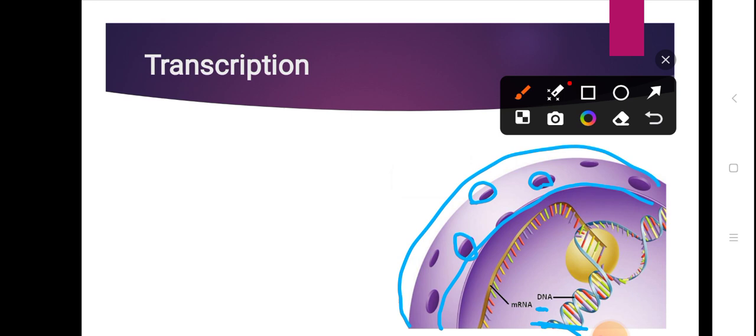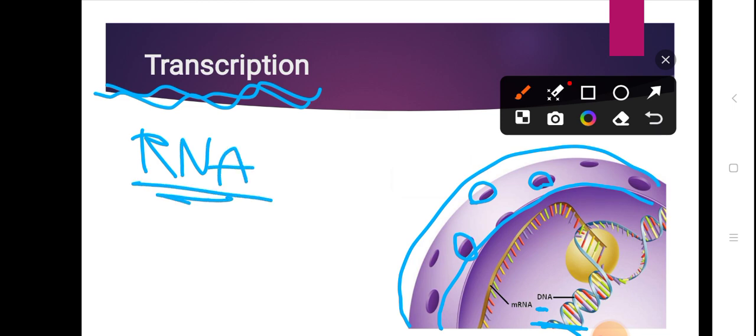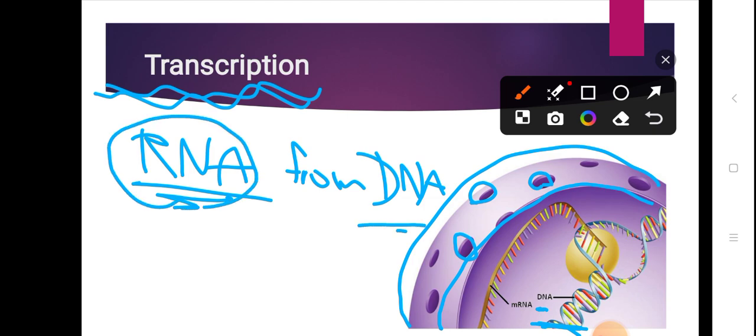But what about transcription? The transcription process means that we want to build an RNA molecule from DNA, or copying RNA from DNA.